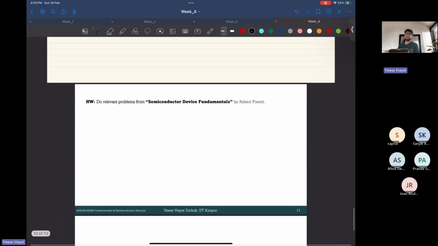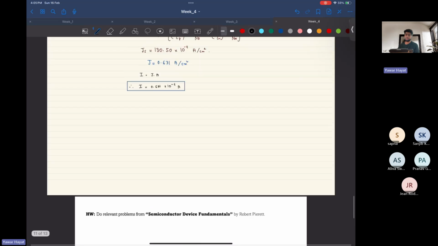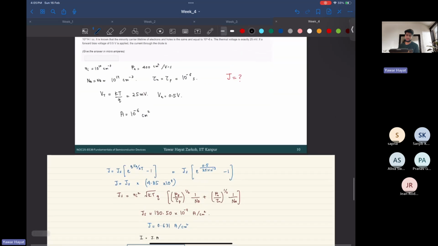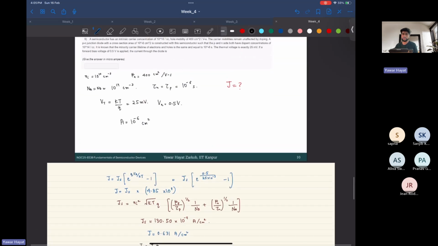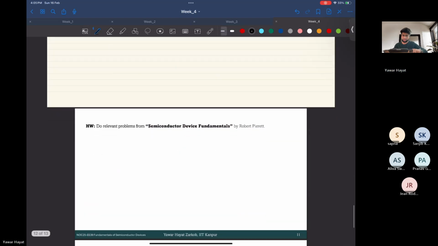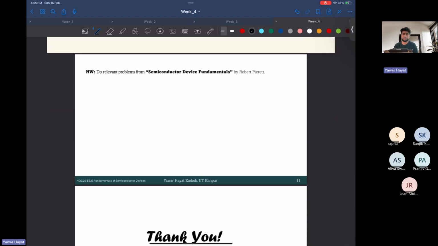Is it fine? That was the current that we had to obtain, and we obtained that. Now, homework would be to do the relevant problems from the book Semiconductor Device Fundamentals by Robert Pierret.